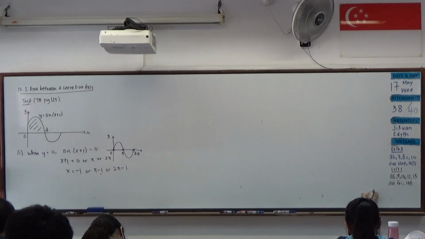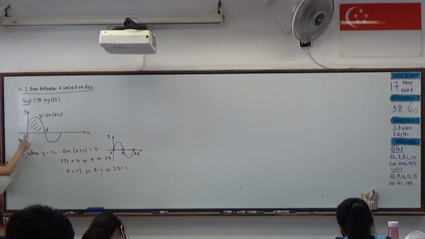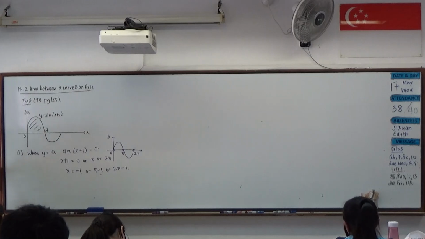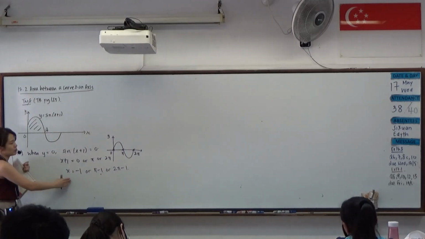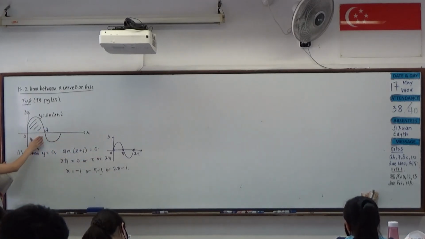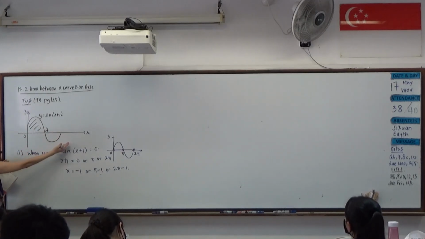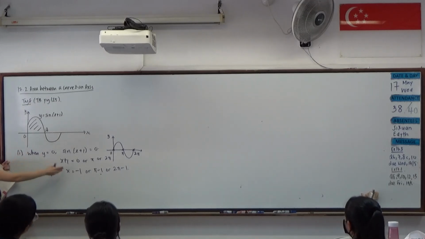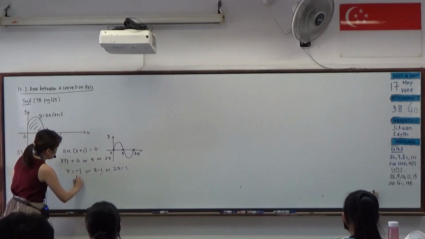But with reference to the diagram, A is just 1 point. It is not possible for it to be all 3. We need to make sense of the values that we have gotten and reject accordingly. A is clearly on the right side of the x-axis, on the positive side. Since it is on the right of 0, x cannot be equal to negative 1.